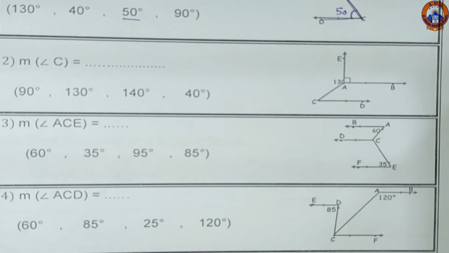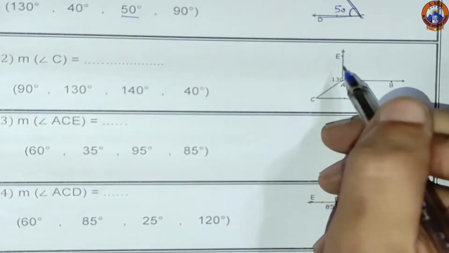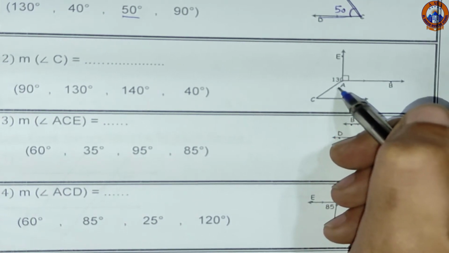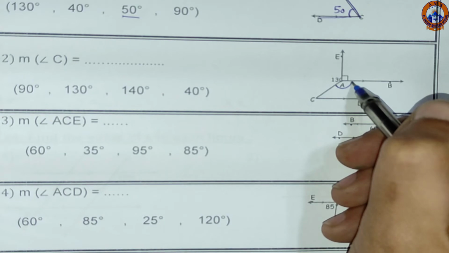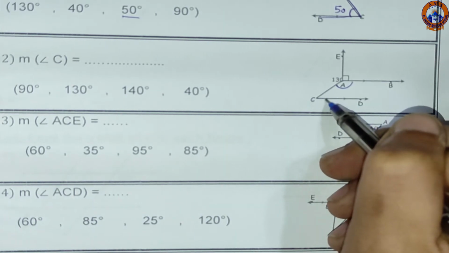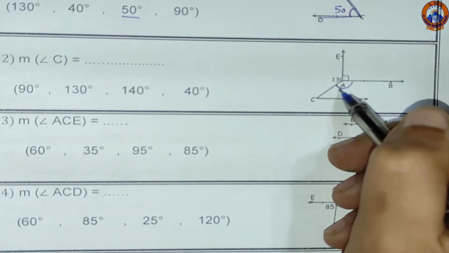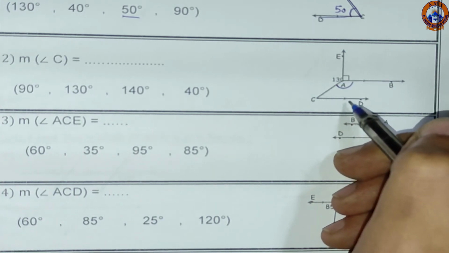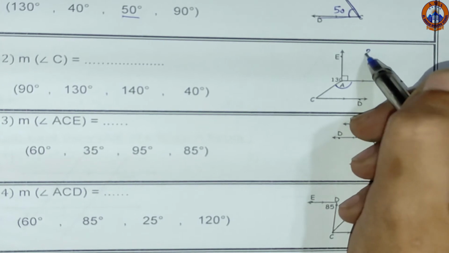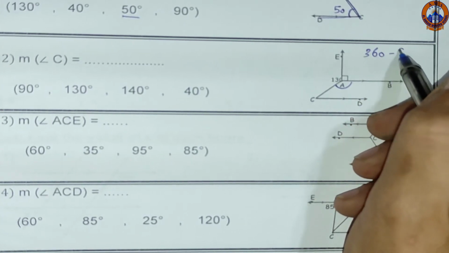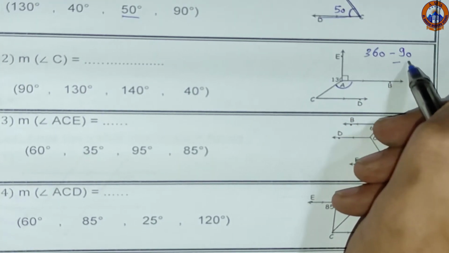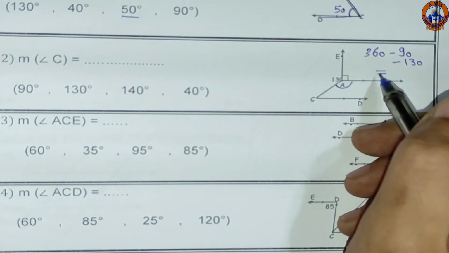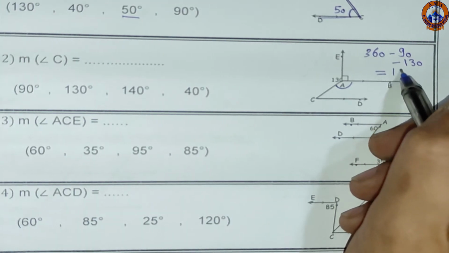Question number 2. We have an angle with 130 and a right angle. So we're gonna find the interior angle A, and from it we're gonna find the interior angle C. The sum of accumulative angles around a point is 360, so we're gonna make 360 minus 90 and 130, and it's gonna be equal 140.